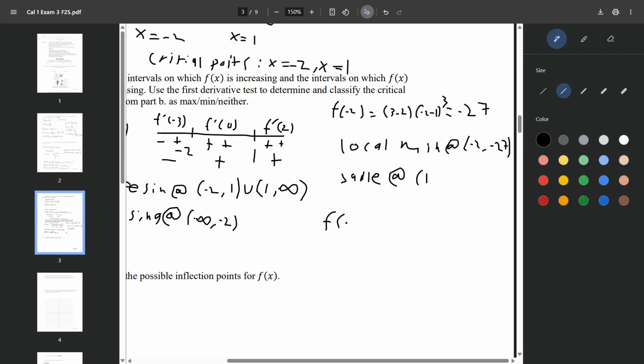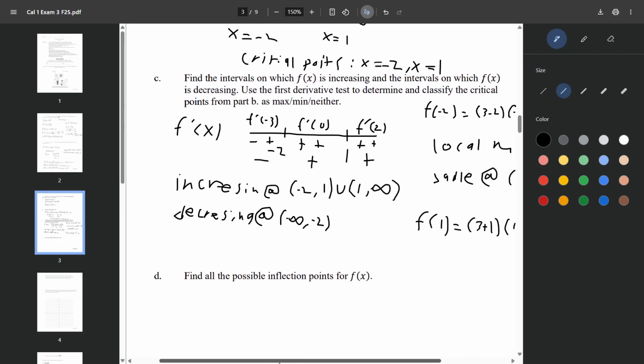So f of 1 of 3 plus 1 times 1 minus 1 to the power of 3 equals 0. So we have a saddle at 1, comma 0. And that is all for part C.